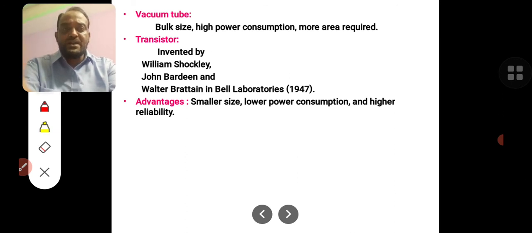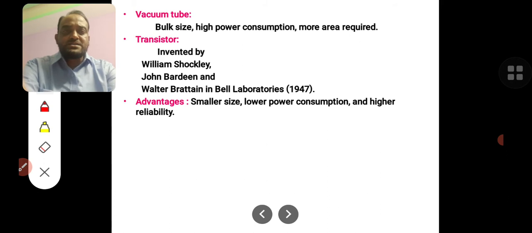Vacuum tubes used to have filaments and cathodes, all standing over some copper base rods. Those devices were not reliable. They may get damaged with vibration, sudden shocks, and so on.